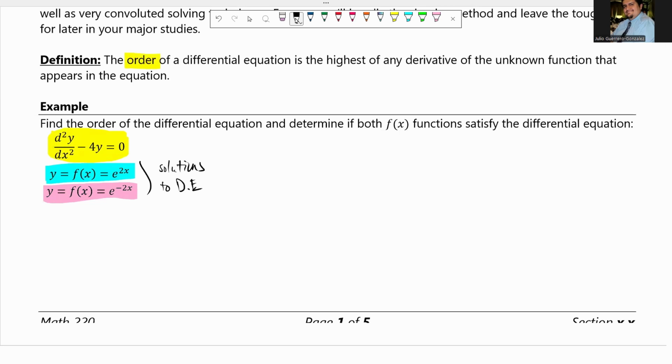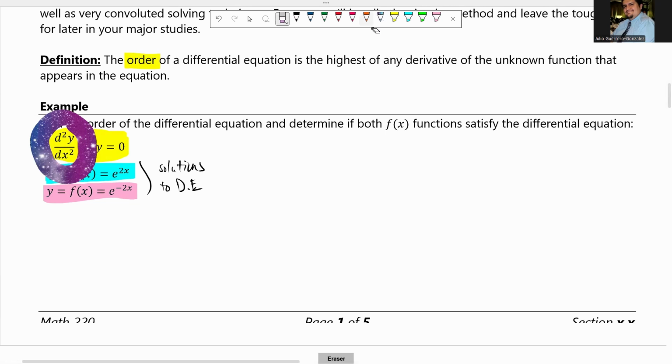So first of all, let me do the very first bit. What is the order of the differential equation? If you take a look at this thing right there, you see how it's d squared y over dx squared? That is the second derivative.